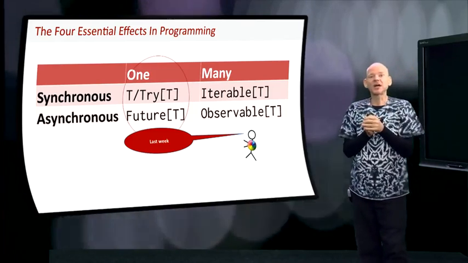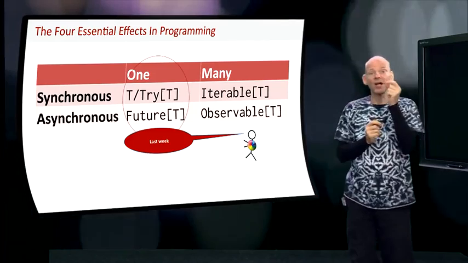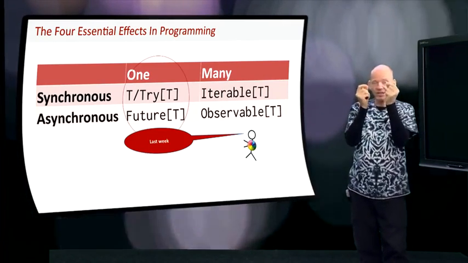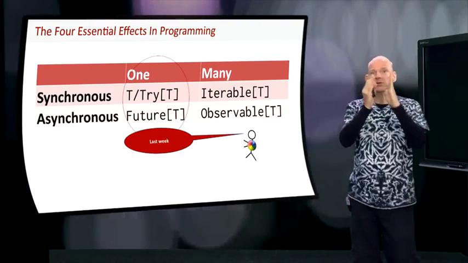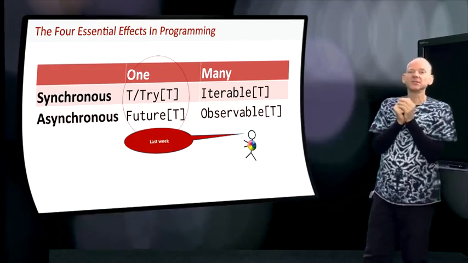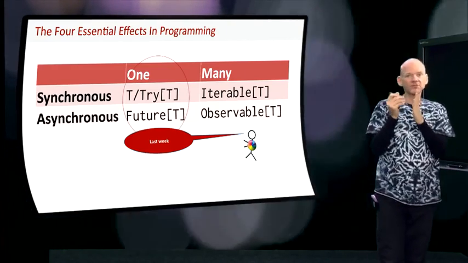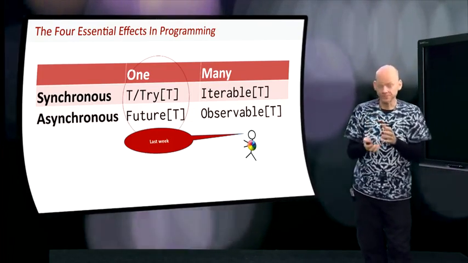What I'm going to do now is show you that try and future are closely related, and that you can derive one from the other. And then we're going to use that same trick on the other side, where we will take iterable and use this same trick to get observable.